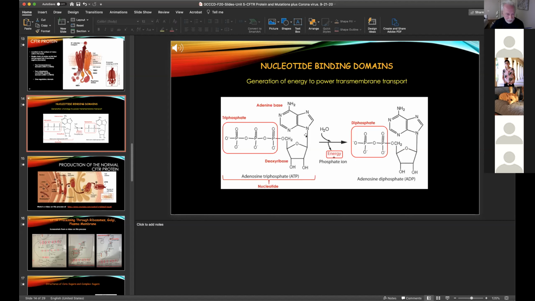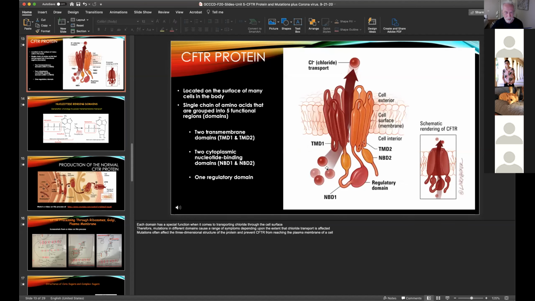There's an enzyme called ATPase, which can cleave off the terminal phosphate group, leading to ADP plus energy. And that energy is then used to transport the chloride ions. They have to go through the membrane. They get their energy from ATP by virtue of these nucleotide binding domains.